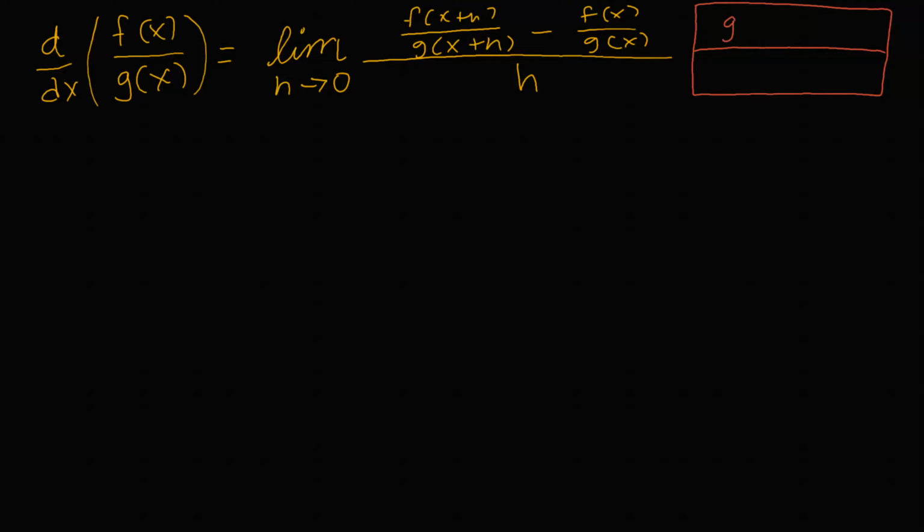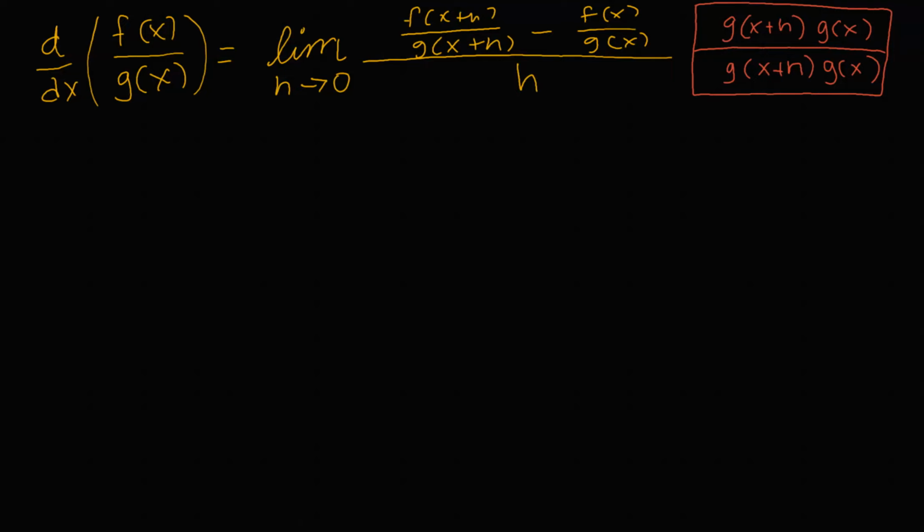In this case, it would be the common denominator divided by the common denominator, which is g of x plus h multiplied by g of x. Now, when we do that, we need to distribute this red part here, that's 1, into each one of these terms. Okay, so visualize that.